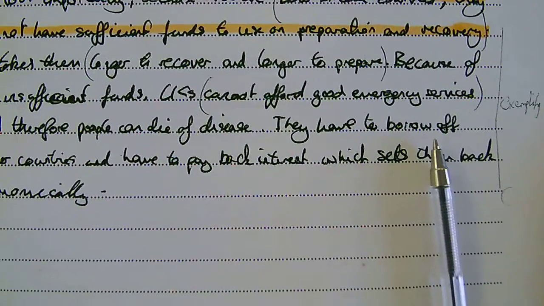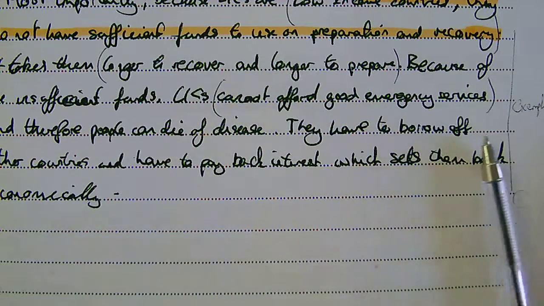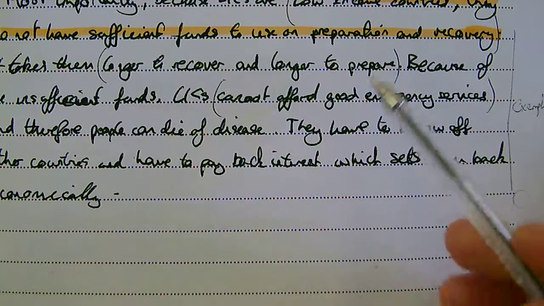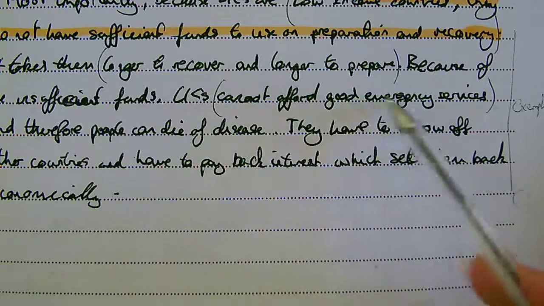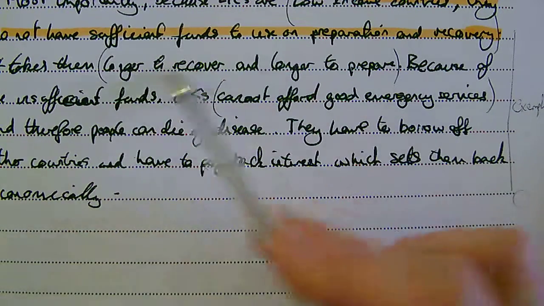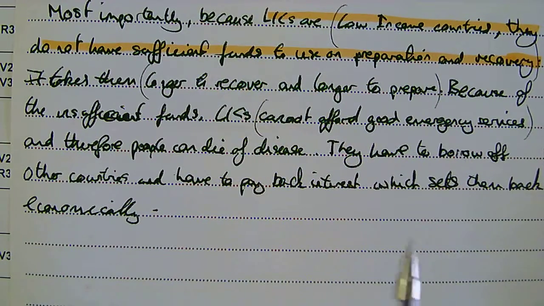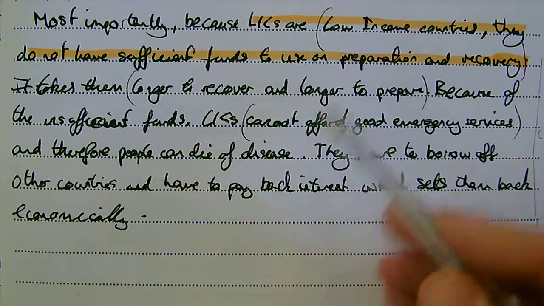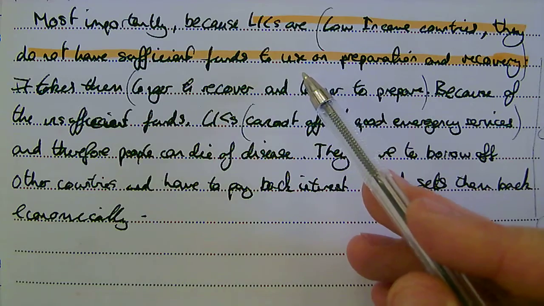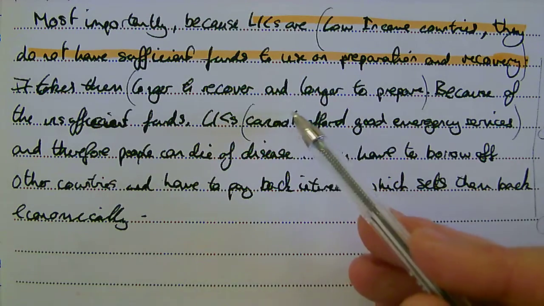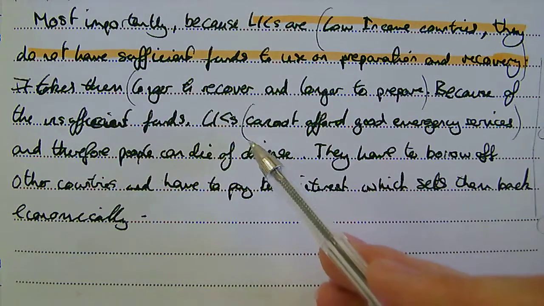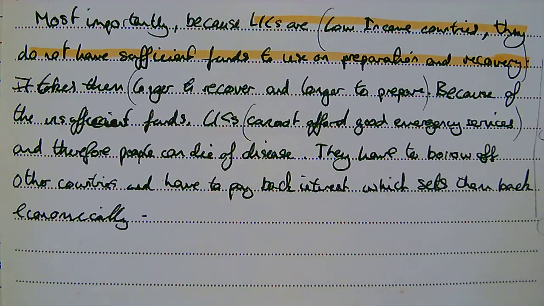And again, what I've noted here is that there are elements of points and explanation here, but there's no exemplification in this area. So again, what this person could have done is given one or two figures just to illustrate how an LIC has struggled to fund the recovery. Okay, so that one got a mid-level 3, 8 out of 9.